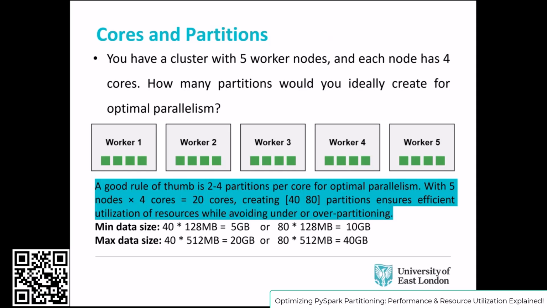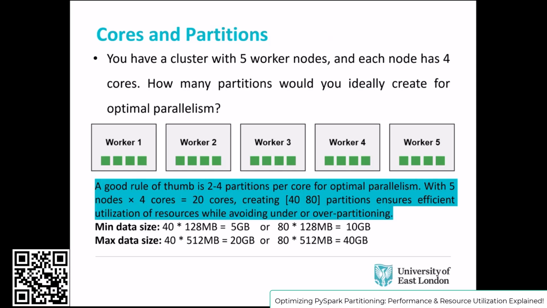All right. But you might ask me, okay, if you come up with 100 terabytes, then 80 partitions is not enough. You see that I calculated, I said, we said minimum is 40 partitions, right? Minimum 40 partitions, we said the minimum size is 128 megabytes.